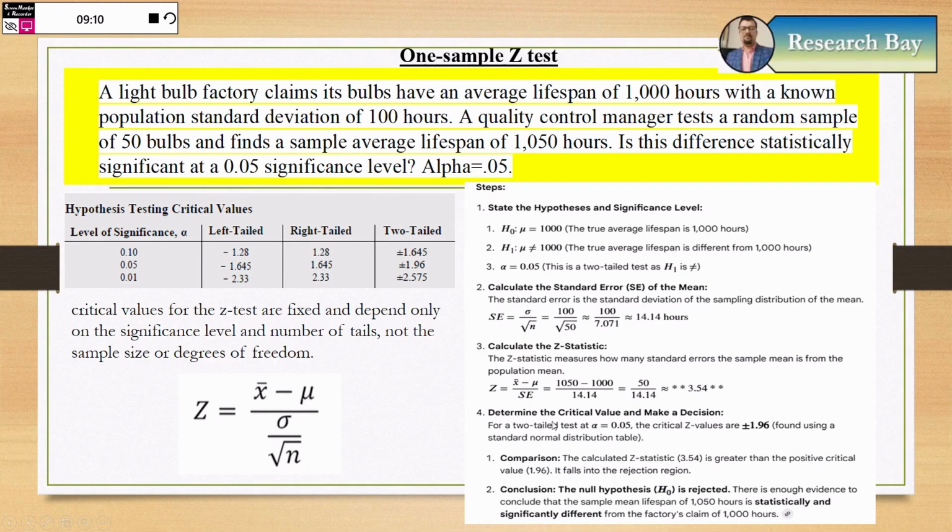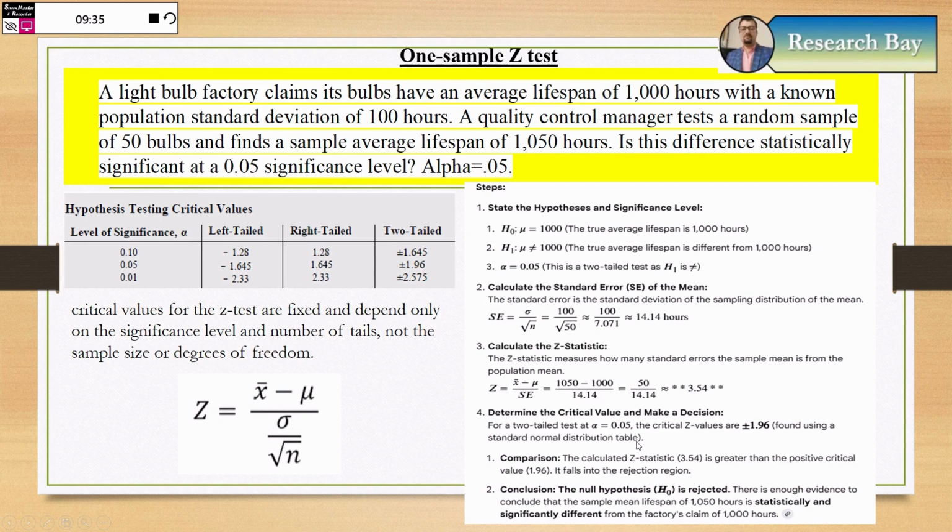Now the next step is determining the critical value and make a decision. So for a two-tailed test, you just look at this table. For a two-tailed test at alpha, which is the significance level of 0.05, which is specified in the question, the value is plus minus 1.96. So this is found using a standard normal distribution table.